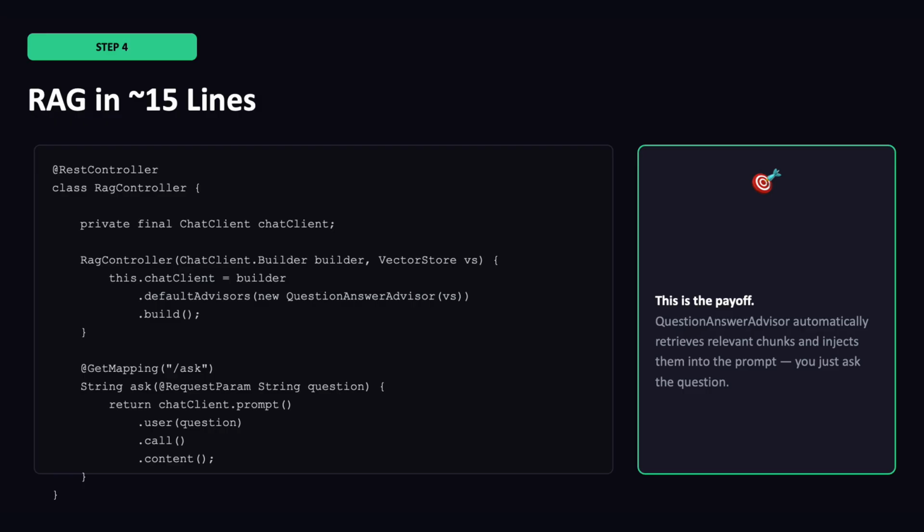When a customer asks, how do I cancel my subscription? The bot is not guessing from general internet knowledge. It's retrieving your company's actual cancellation policy and answering from that. This 15-line controller is a simplified version of exactly that pattern.